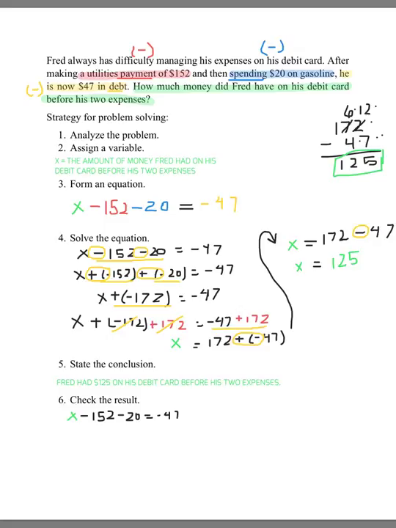But we know x is equal to 125, so we're going to substitute that in. And then everything else will remain the same for now. Negative 47.